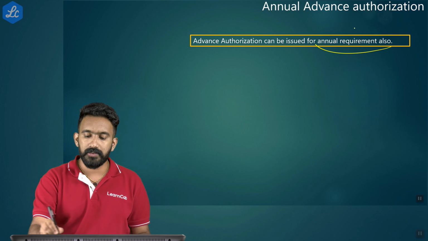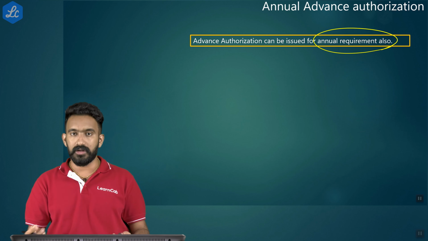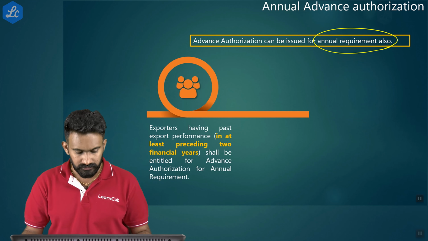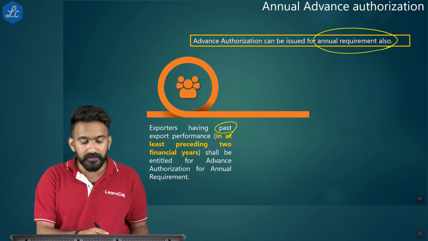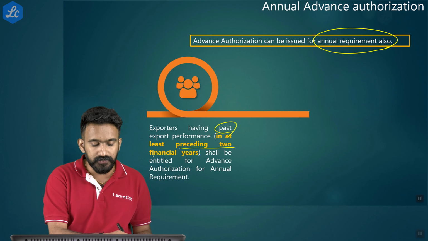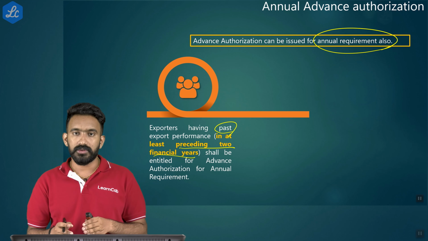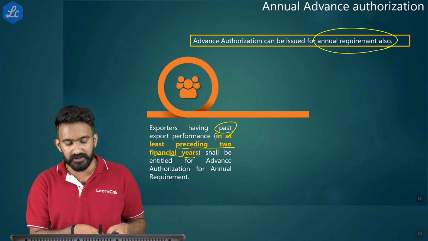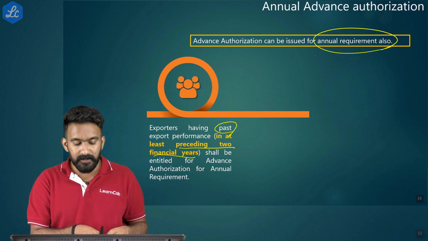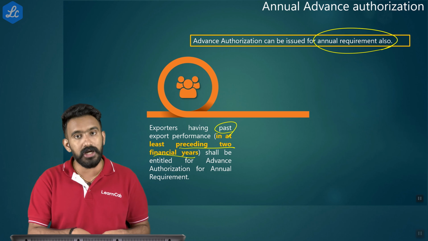Provided there is an annual requirement that is being met, exporters who have past export performance in at least the preceding 2 financial years will be entitled for an annual advance authorization.